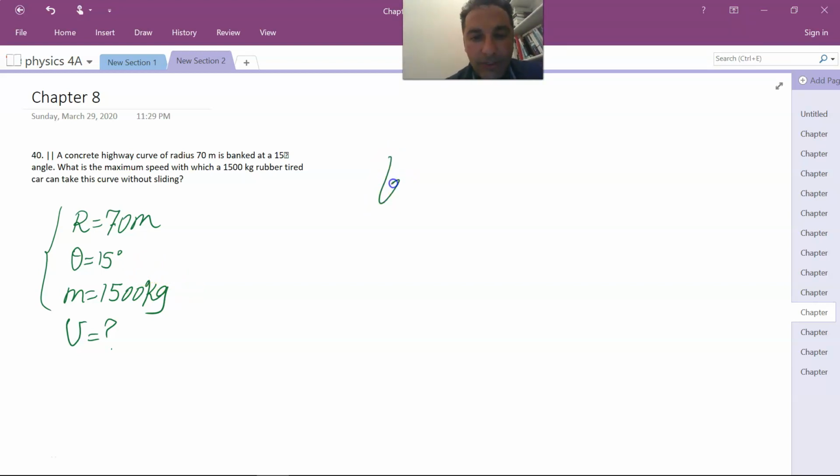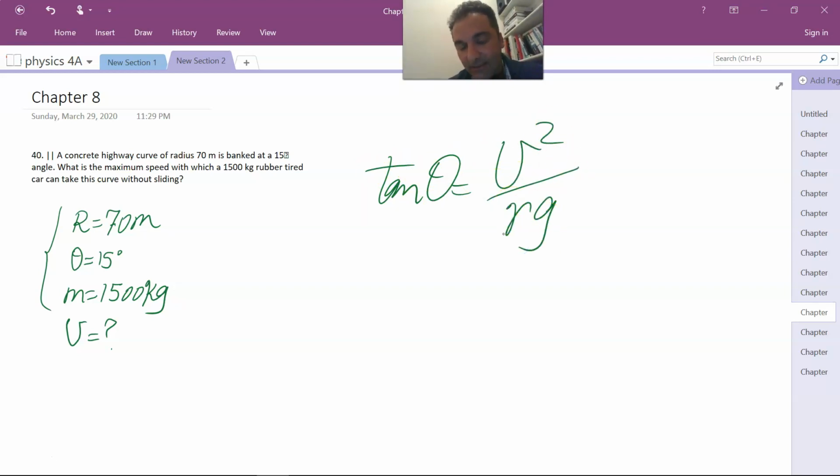So you know the equation. Tangent theta is what? V squared over RG. Do you see any mass in this equation?